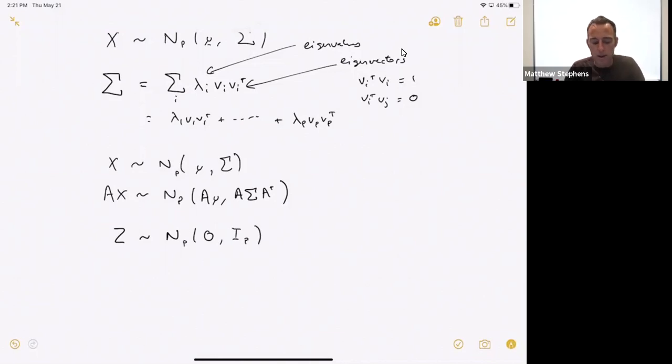This is the easiest p-dimensional normal to get your head around, right? Z is a vector of length p, and because it's got the identity covariance matrix, that means the elements of Z are independent from one another. So even if p is 1,000, you can think about 1,000 independent normals.